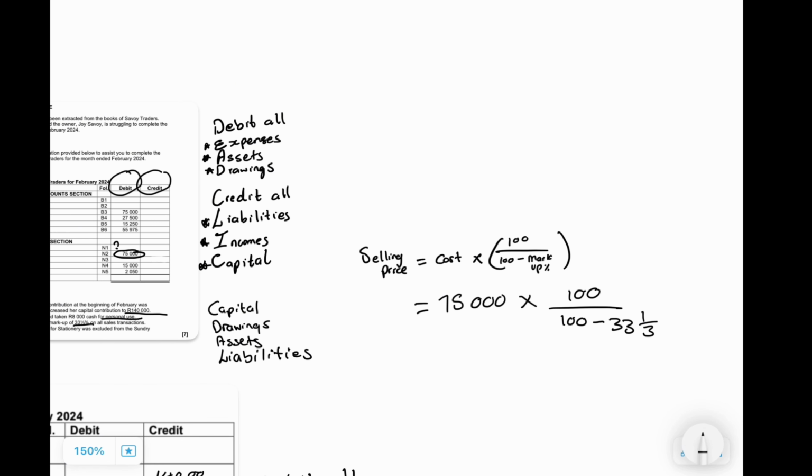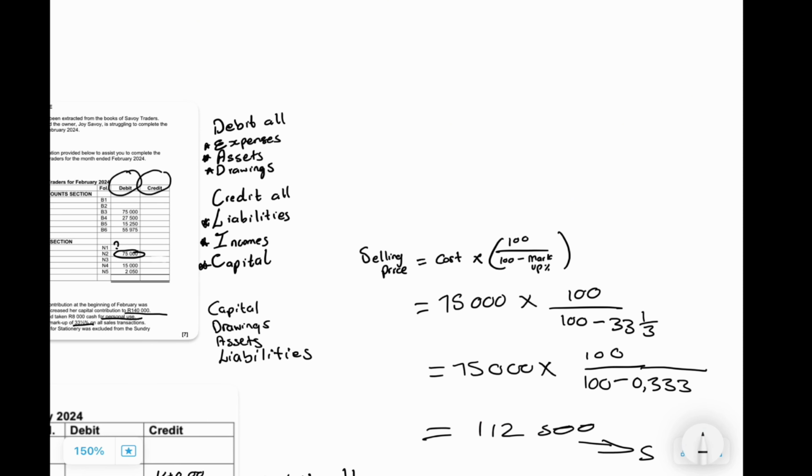You can simplify it for yourself: 75,000 multiplied by 100 divided by 100 minus 0.333333. This is how you will see it on your calculator if you put in 33 and a third. You will get 112,500.